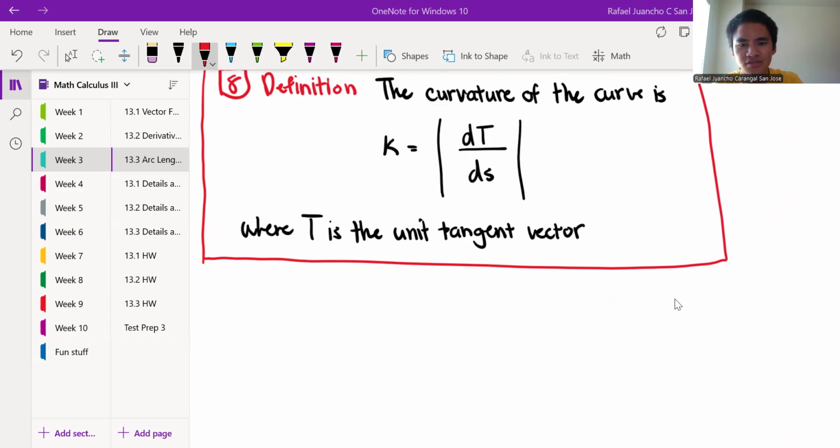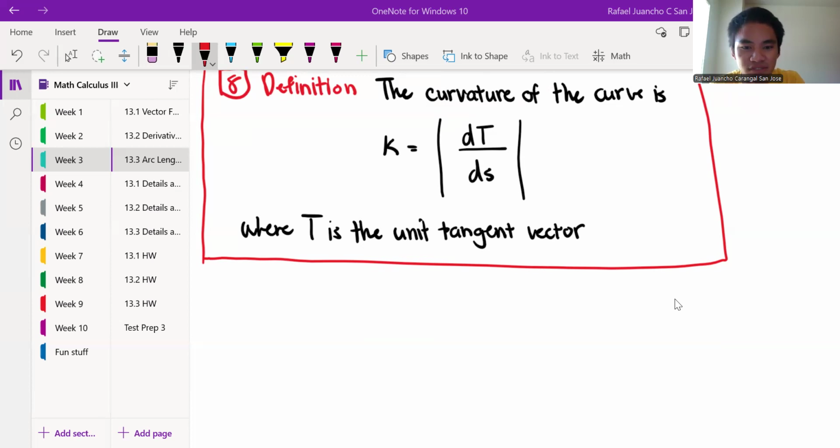And it's actually easier to compute the curvature if it is expressed in terms of the parameter t instead of s. So another easier way would be to do it in terms of the parameter t instead of s. I'm not going to write the Leibniz rule anymore because I cannot understand it for the most part.